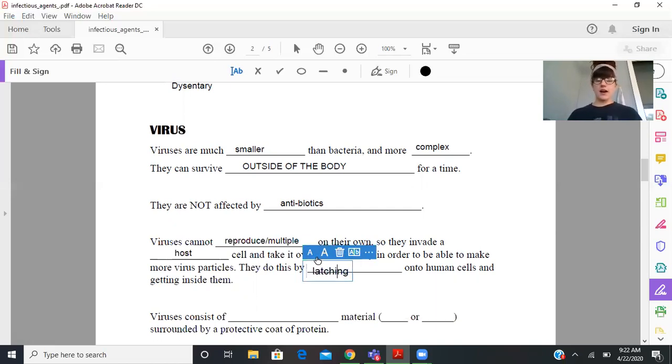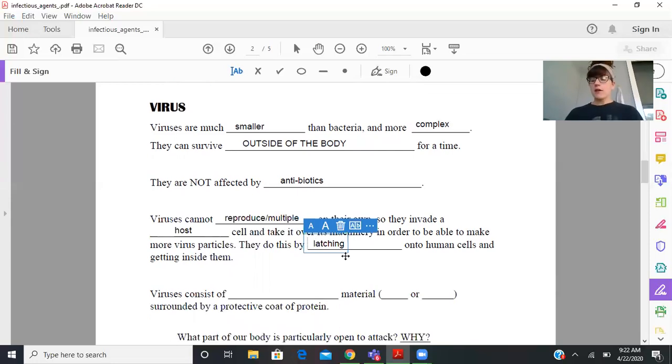So like I said, it reminds me a lot of the episode of SpongeBob where Plankton goes in SpongeBob's head and starts controlling him. It's like Plankton's the virus. Viruses consist of genetic material, genetic meaning like what makes us, like our DNA, our genes.